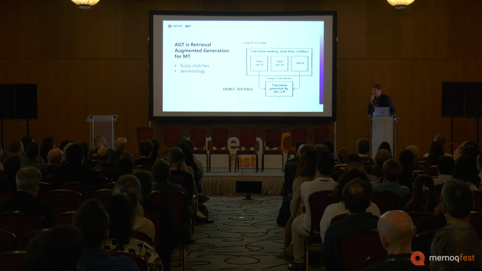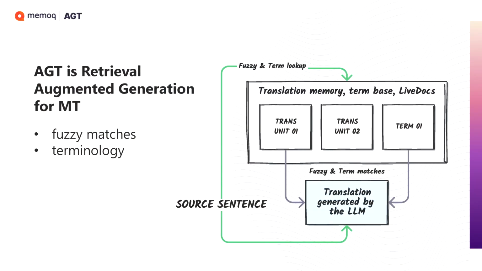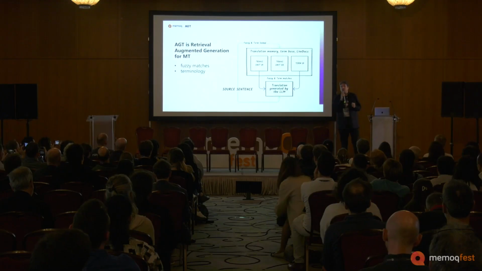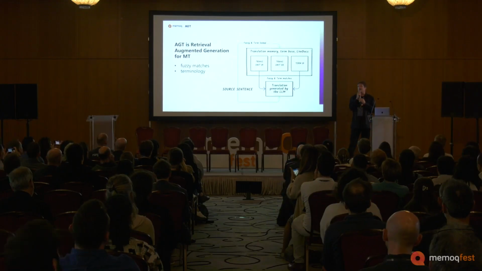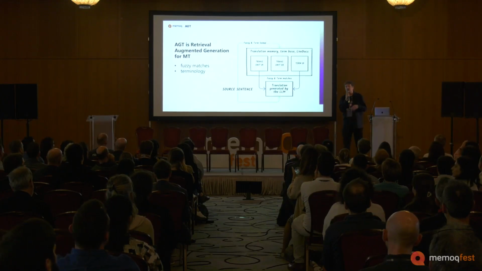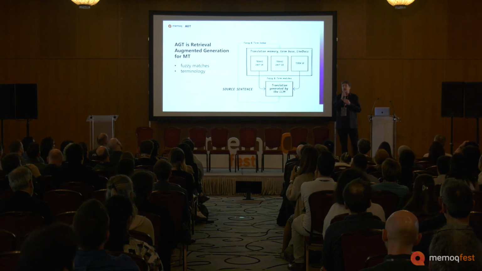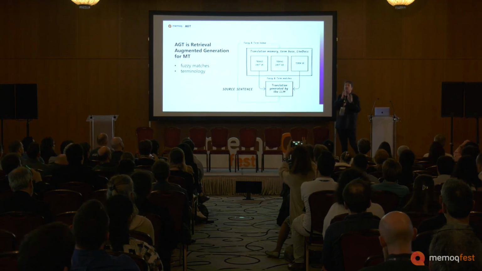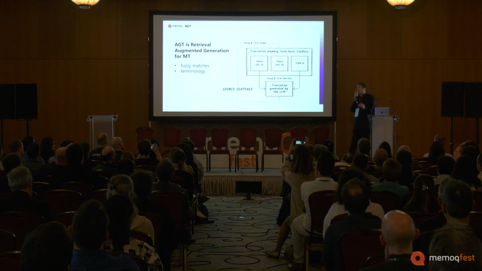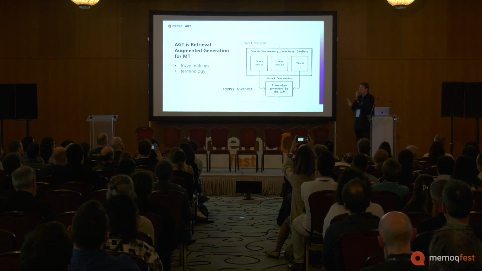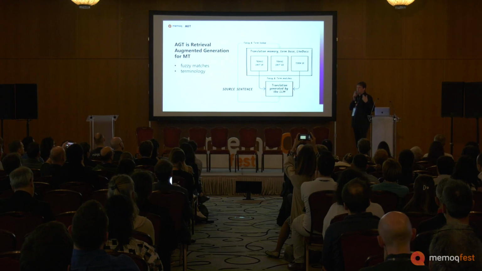What AGT does is very similar to that. AGT is retrieval augmented generation for machine translation. The augmentation part comes from translation memory matches, fuzzy matches, live docs matches, and terminology, which is sitting there in memoQ TMS. The search and retrieval technology that we use is slightly different.